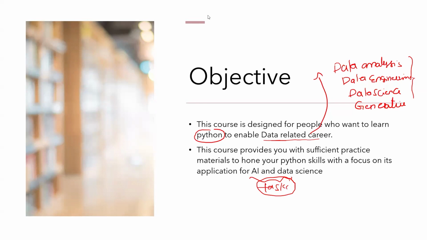This report will help to make a better decision to improve their sales or to improve their revenue. Now, if they ask you, will you be able to do it? What do you say?